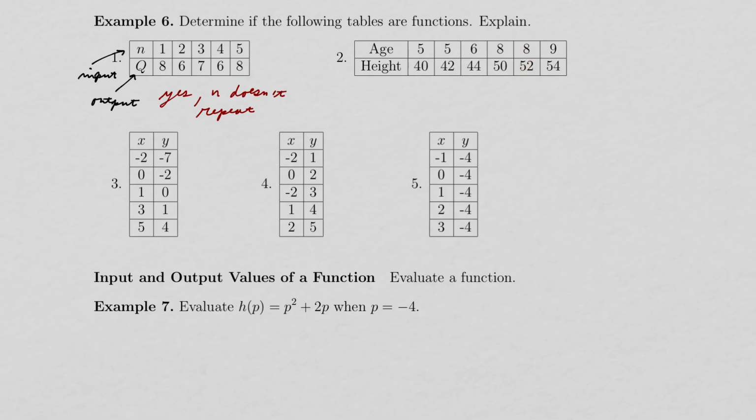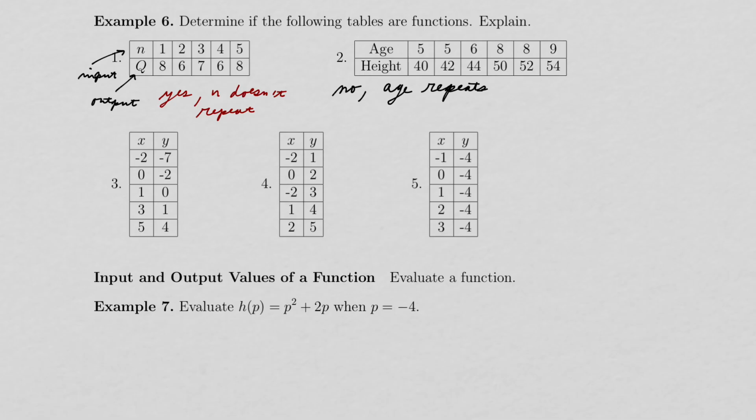So this is not a function. So you can just say no, and the reason is the age repeats. The input repeats. It's associated with more than one output value.